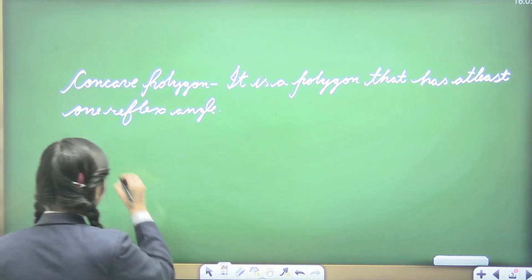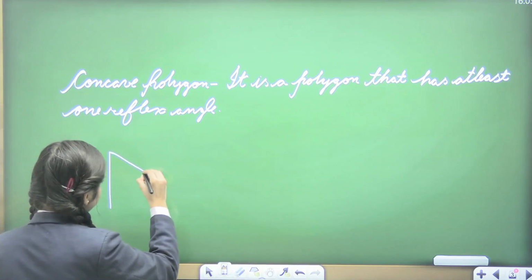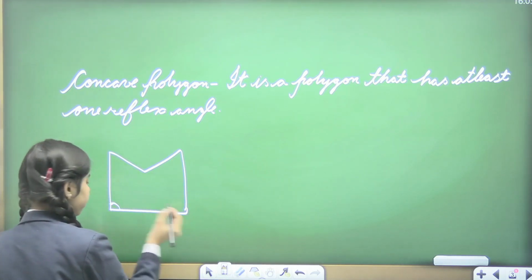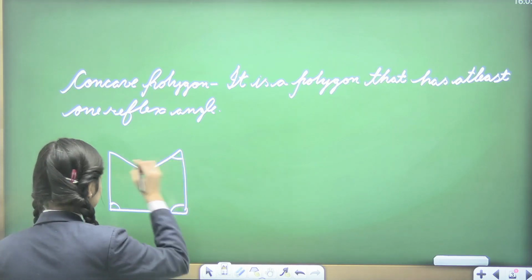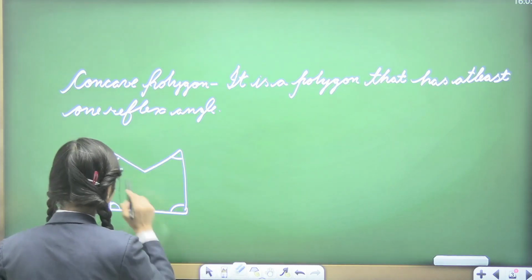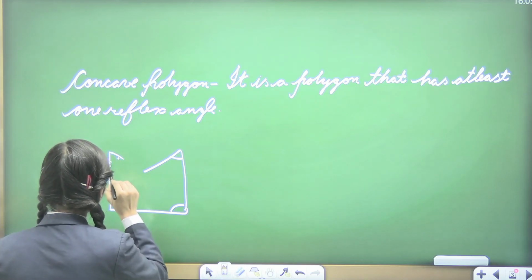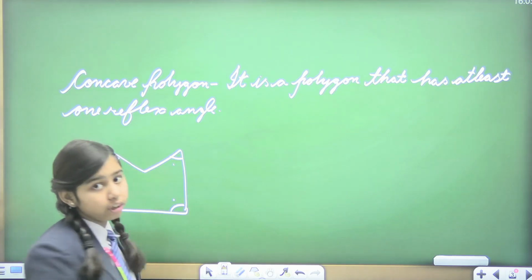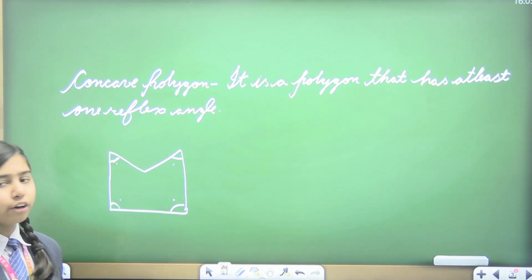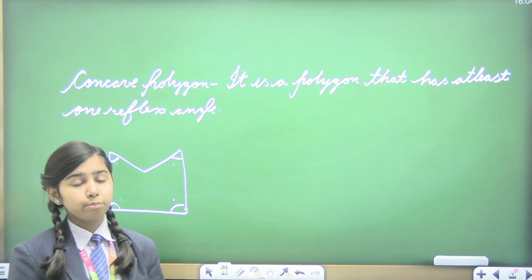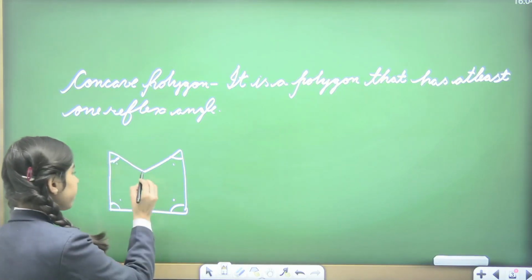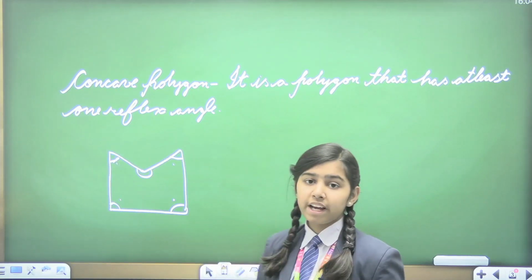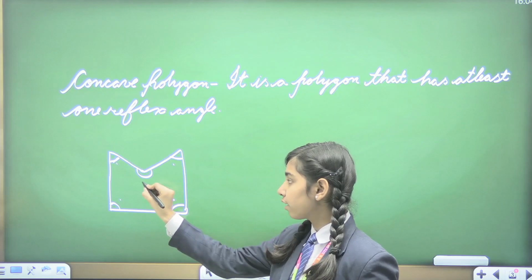Like, for example, we have this figure and there are angles like this one, this one, this one and this one. By just looking at this, we can say that these four angles are not equal to 180 degree or more than 180 degree, but this one angle we can say is more than 180.